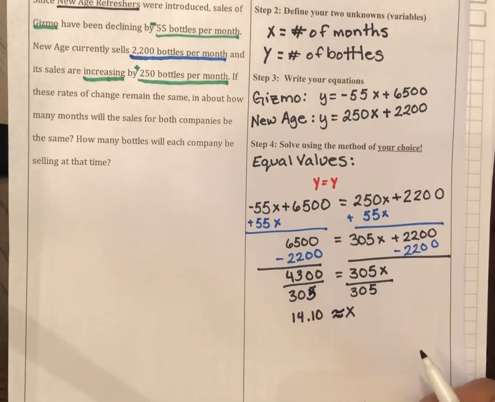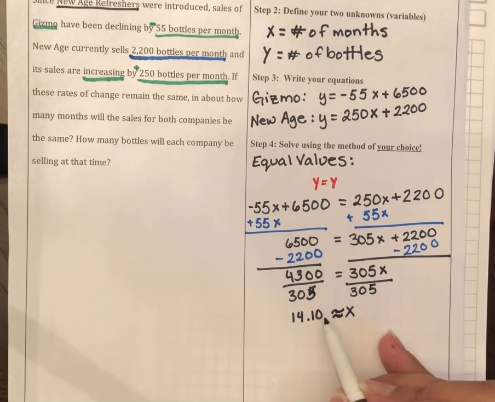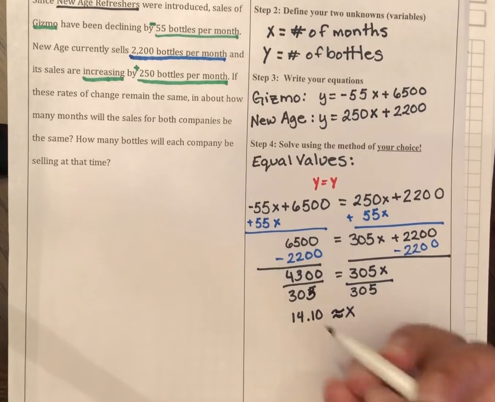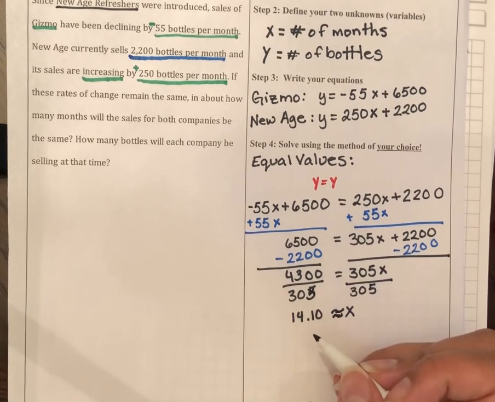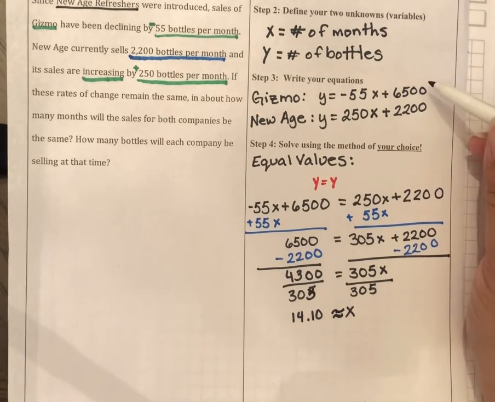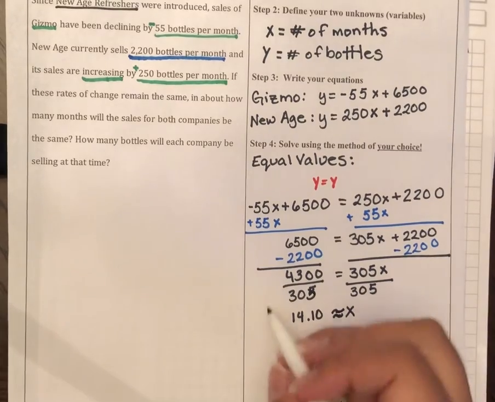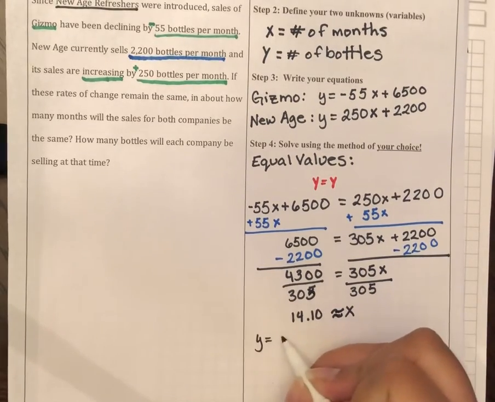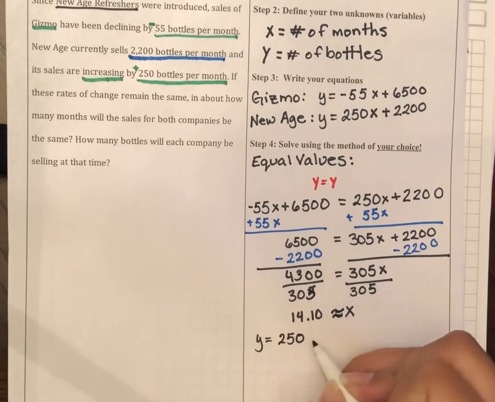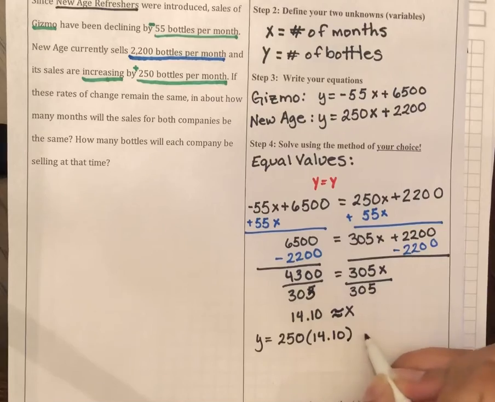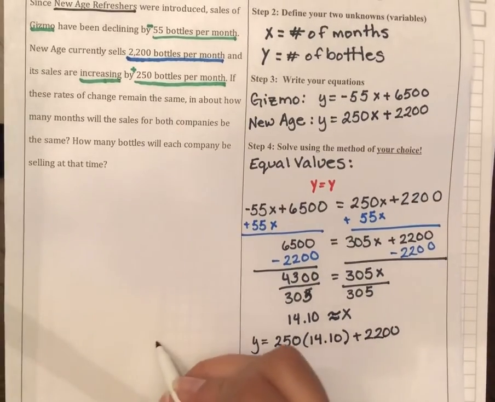So now we're going to choose the equation that looks easiest to us. Which one should I choose? I'm going to choose the second equation. So y equals 250, and I'm going to substitute my value of x here, plus 2,200. Let's do some side work.